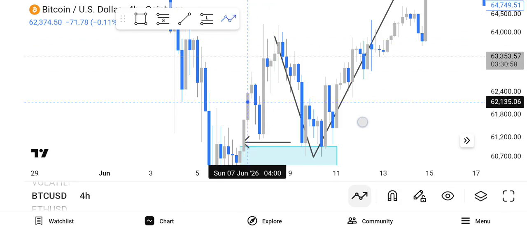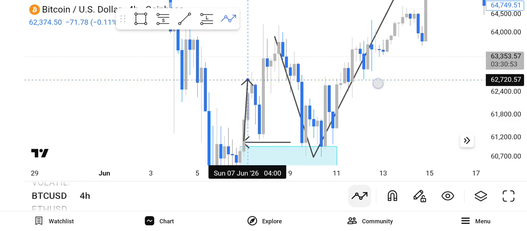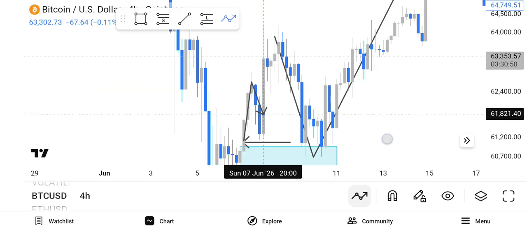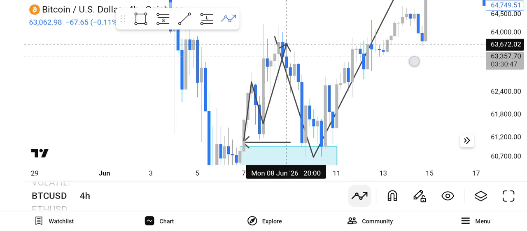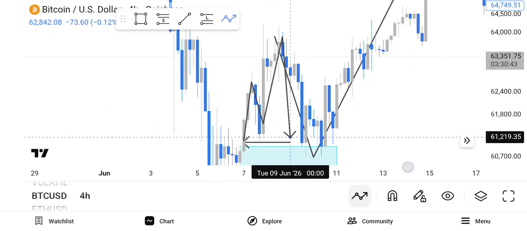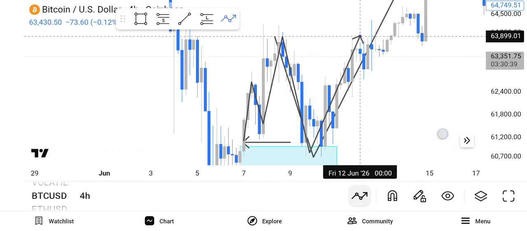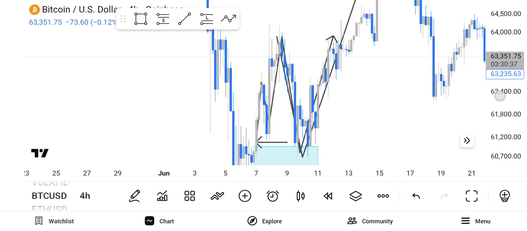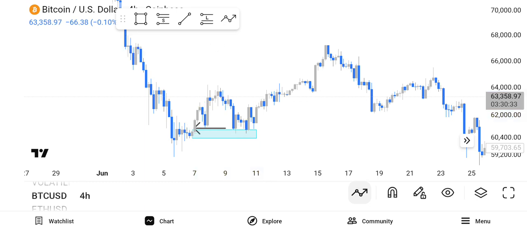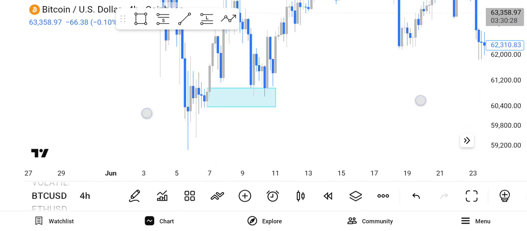So the move from here skyrocketed, took the market up, gave a retracement to the downside, went back up. The market eventually came back to fill this imbalance. Price mostly comes back to fill imbalance, and then we can see the enormous leg of price action to the upside. Price just kept moving and moving to the upside. That's literally what imbalance and demand zones are.